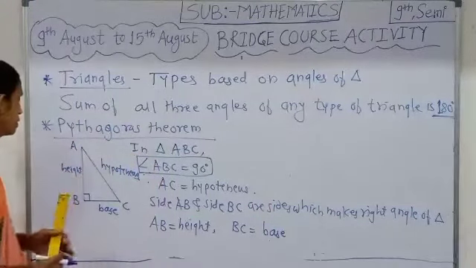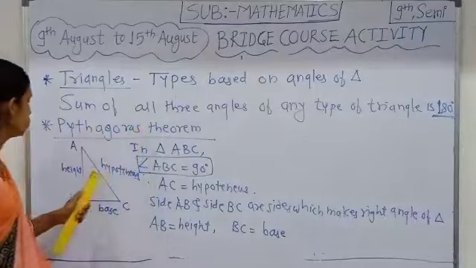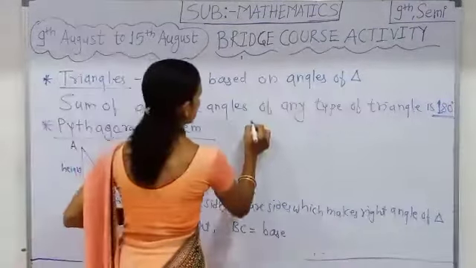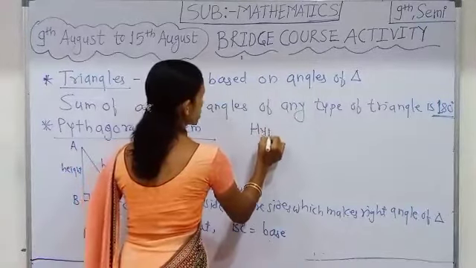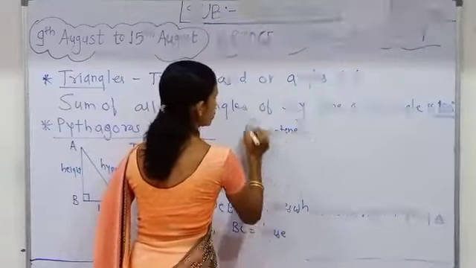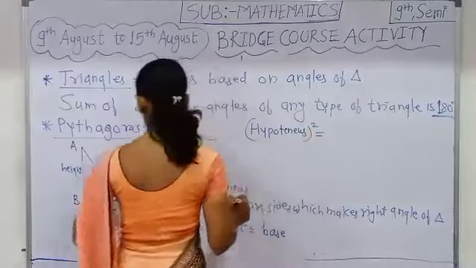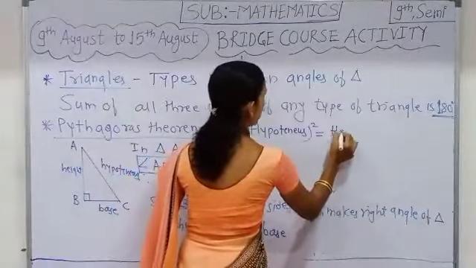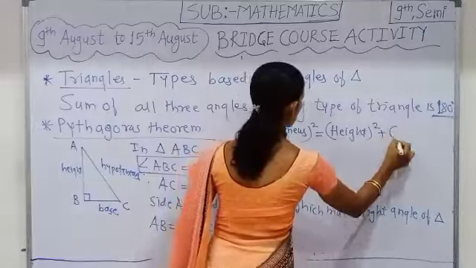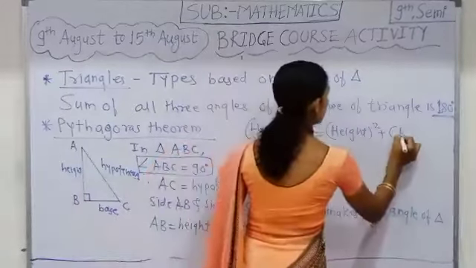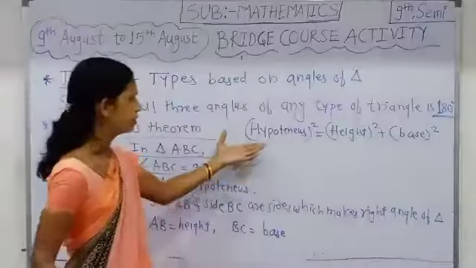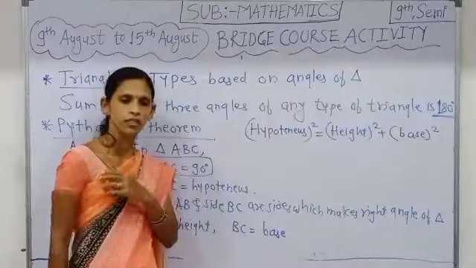Then see here, the Pythagoras theorem, which is related to the right angle triangle, is that hypotenuse square is equal to the height of the triangle square plus the square of the base. That is the Pythagoras theorem.